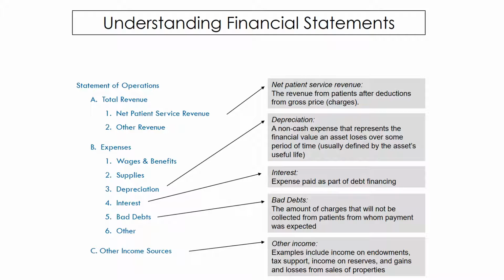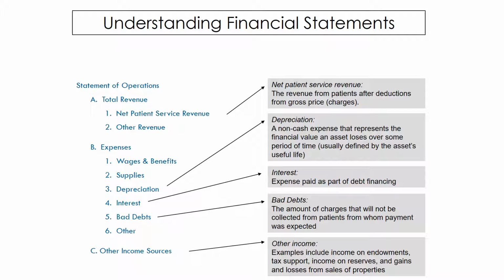So we have wages and benefits, which in general, within the expense line in a healthcare organization, is actually one of the biggest expense items. And this is because, think about who you have to pay. Think about an inpatient hospital, where people are coming to a hospital to receive 24-hour nurse care.